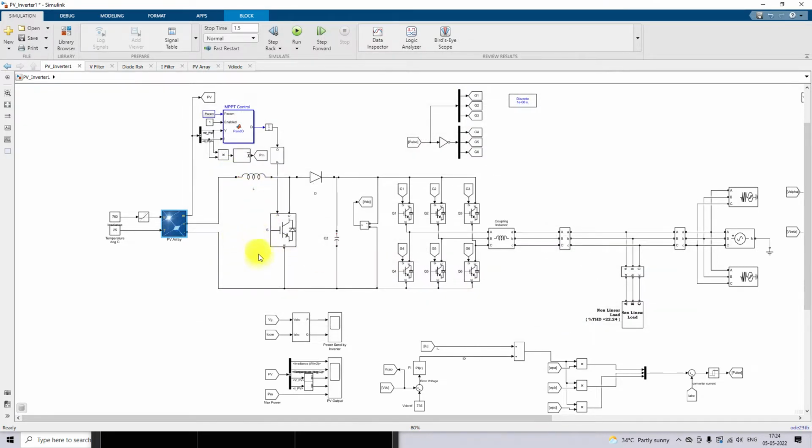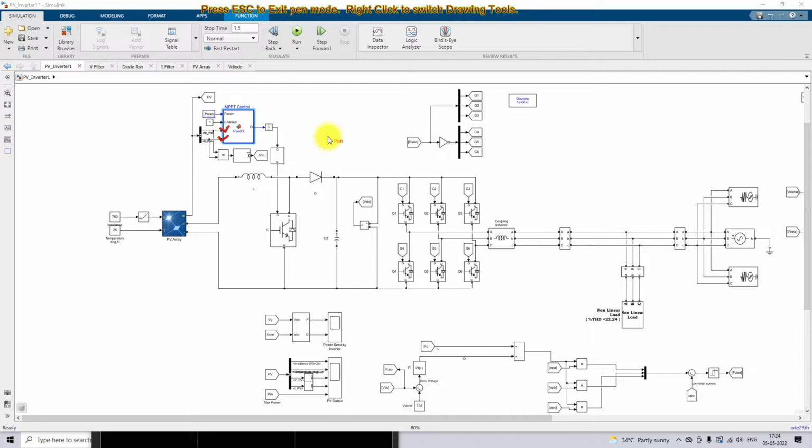And then we have the boost converter. The boost converter is connected between the solar PV and the voltage source inverter, and it is controlled by means of P&O MPPT. The P&O MPPT receives two inputs: the voltage and current of the PV panel.